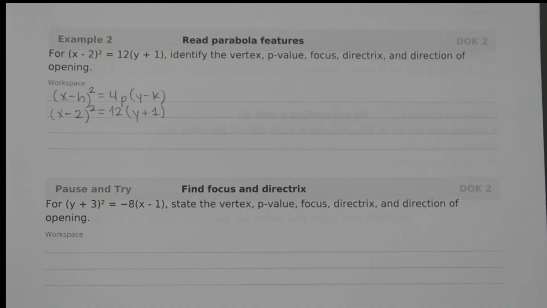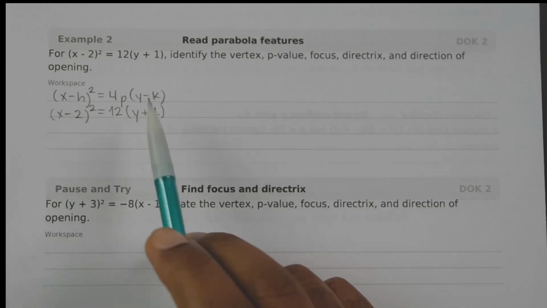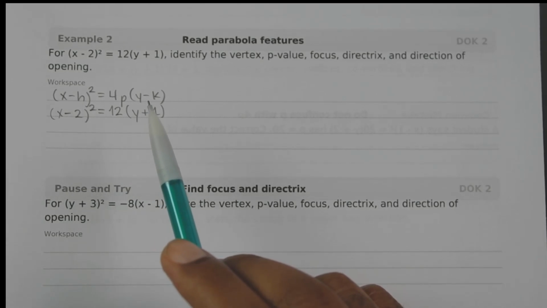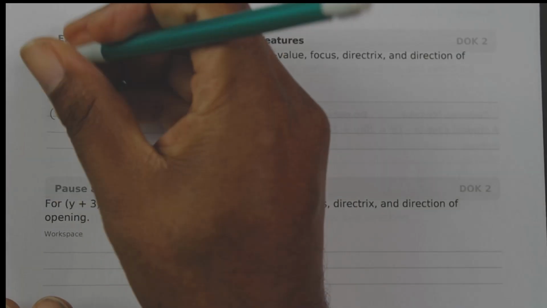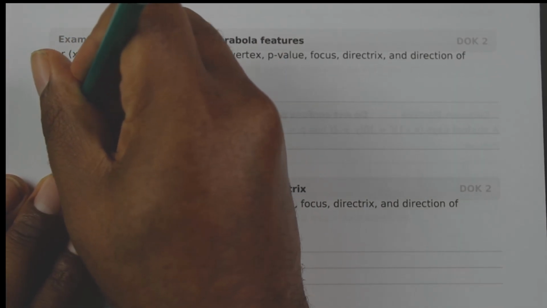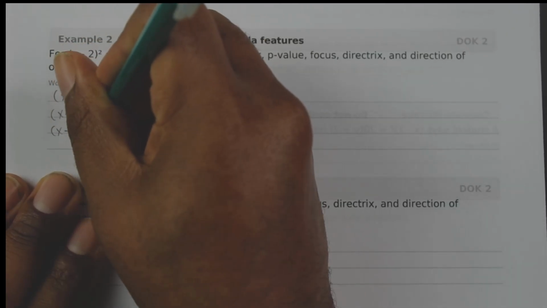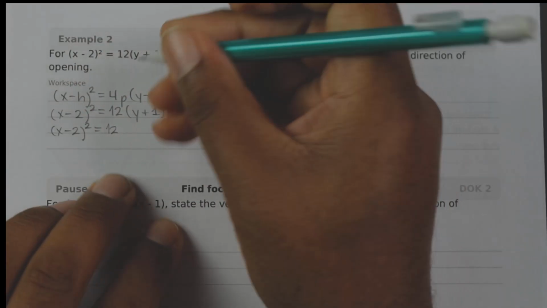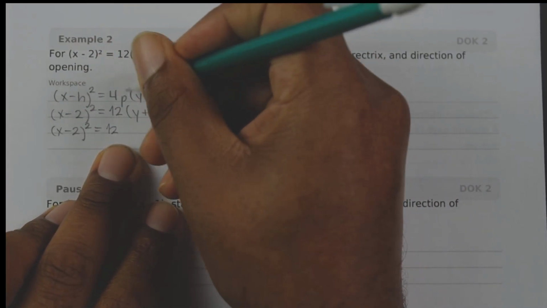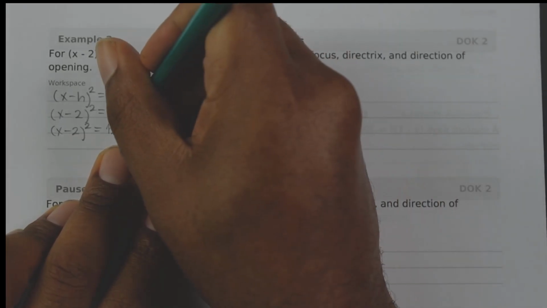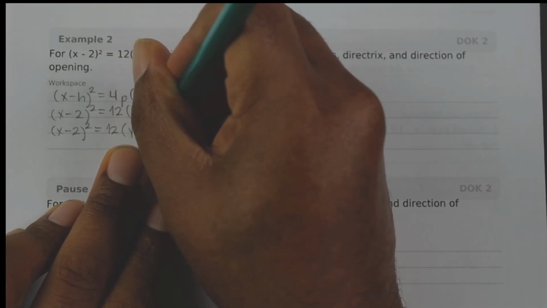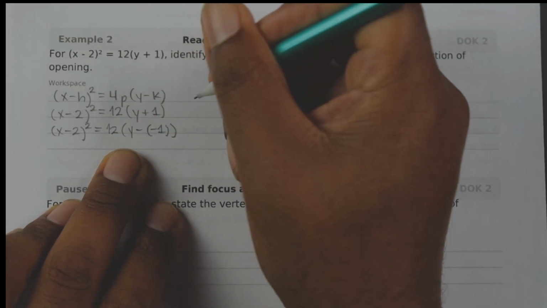Now, we can rewrite this, because this is the change in y. It would look like (x minus 2) squared equals 12 times (y minus negative 1).